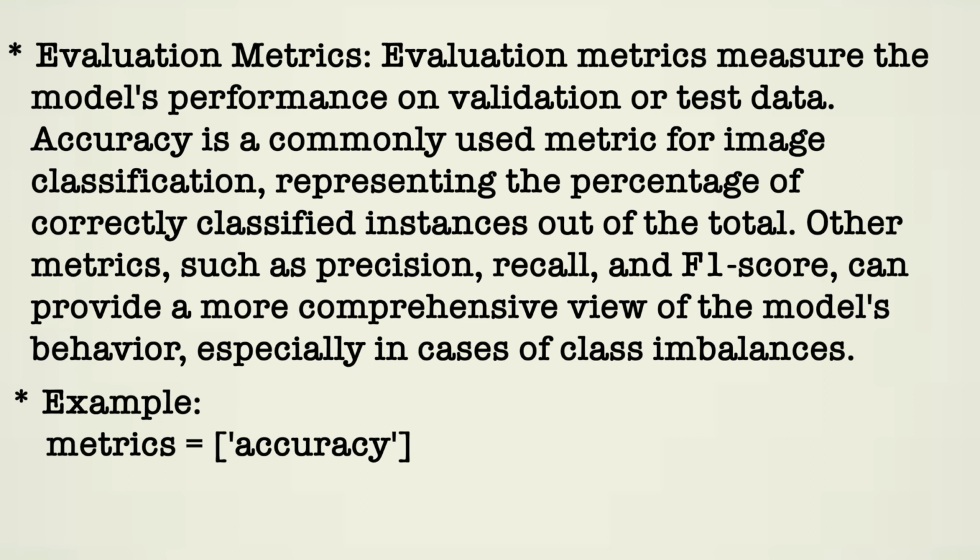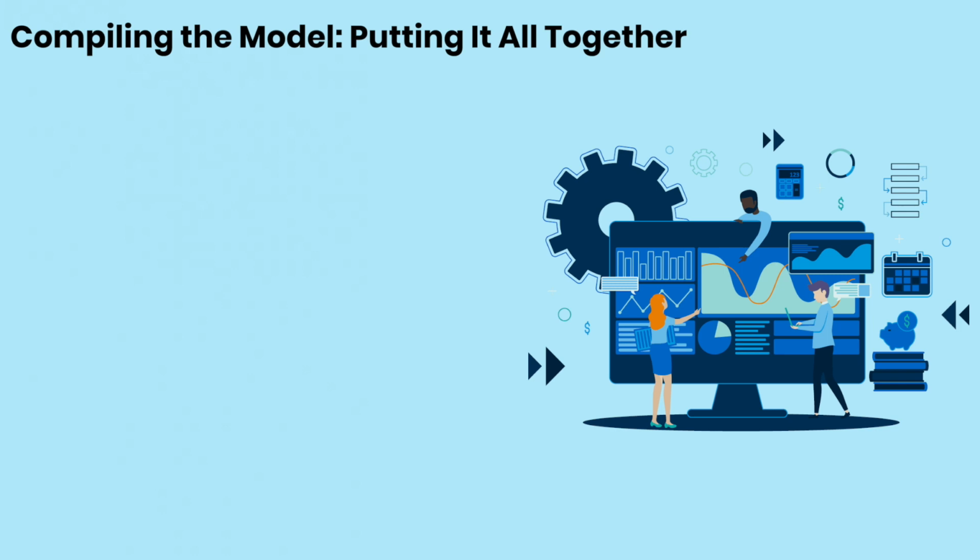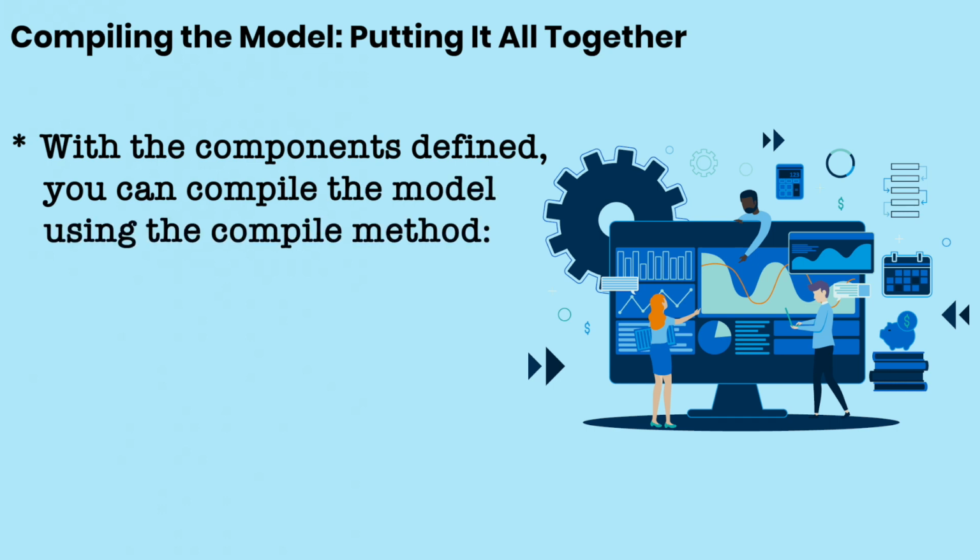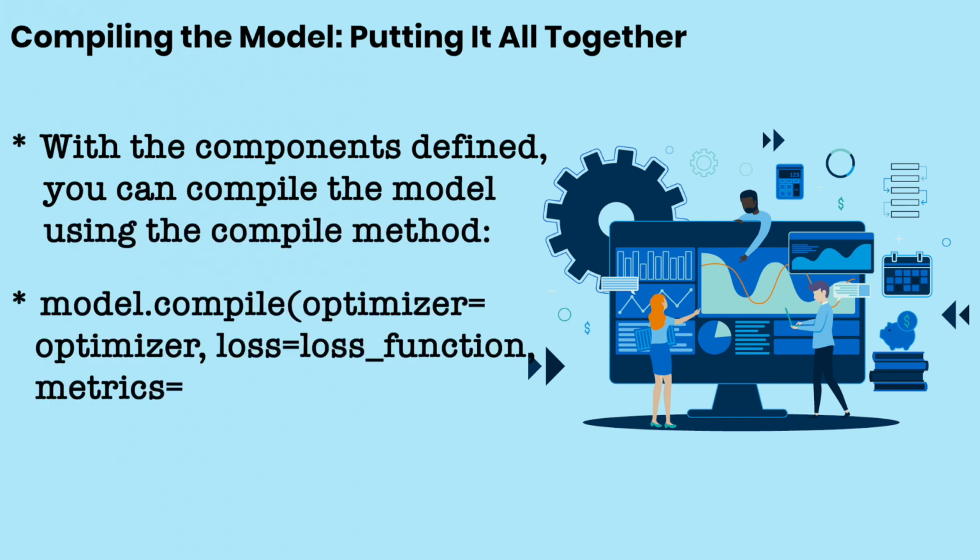Here's the example. Compiling the model. Putting it all together. With the components defined, you can compile the model using the compile method. In this example, we have demonstrated the use of categorical cross entropy as the loss function, the Adam optimizer as the optimization algorithm, and accuracy as the evaluation metric.